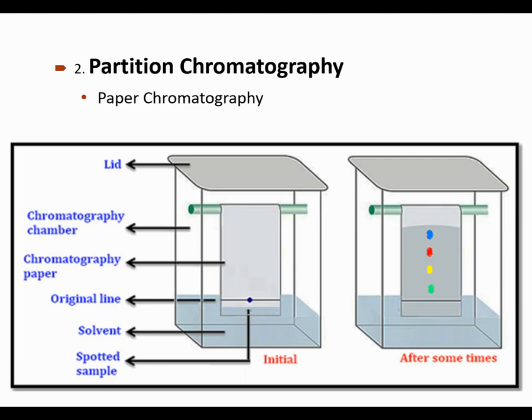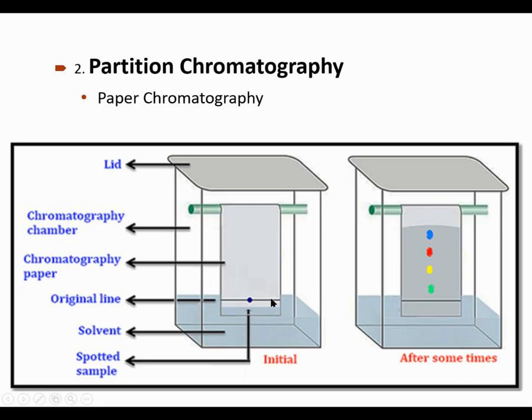So your stationary phase is liquid, your mobile phase is also liquid. In paper chromatography, which is an example of partition chromatography, you will have a special paper or chromatography paper. Now you will be placing a sample on the original line.